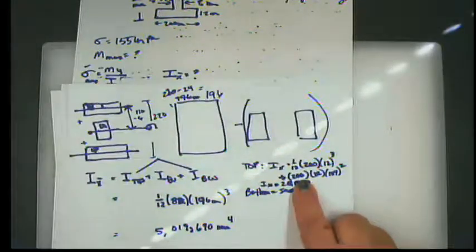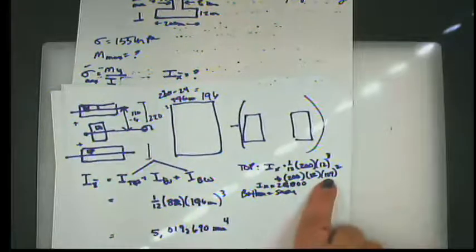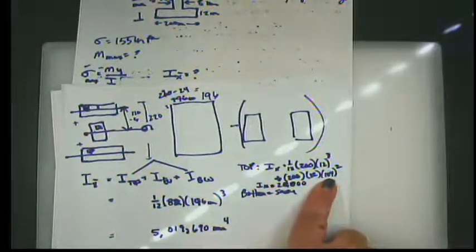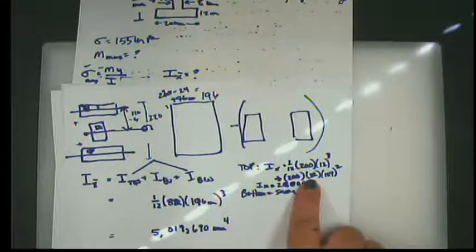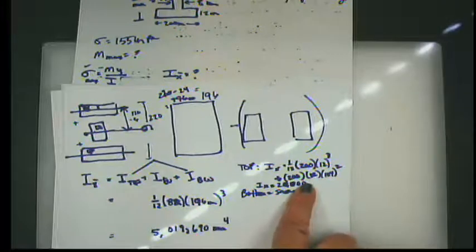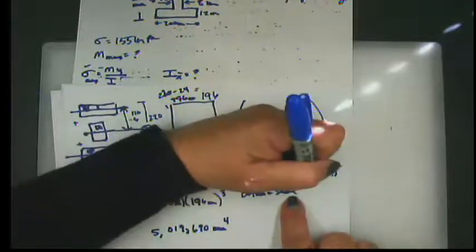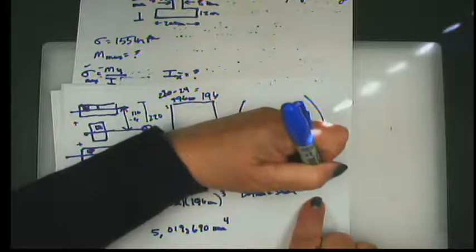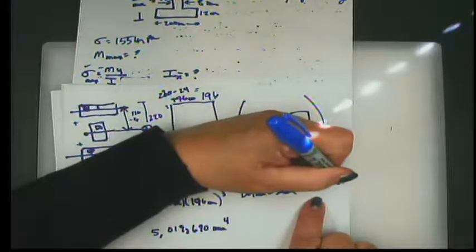And then the A d squared piece: this is 104 squared times 12 times 200, which is 25,958,400.